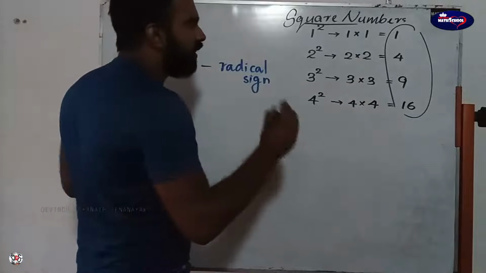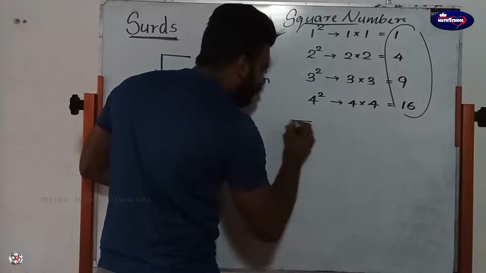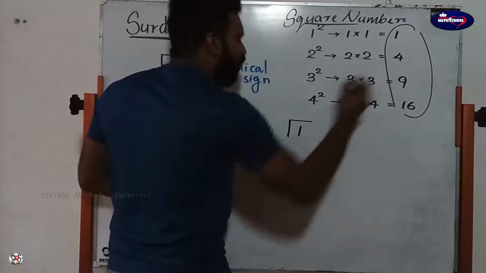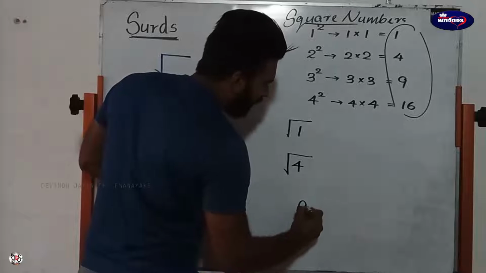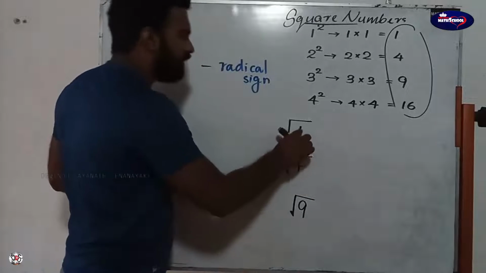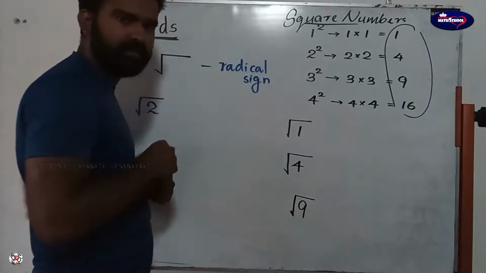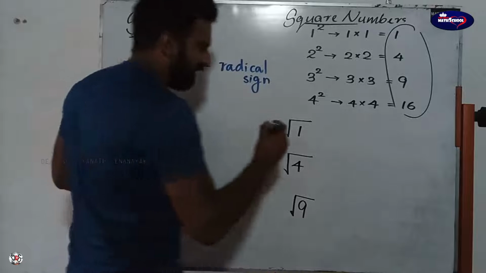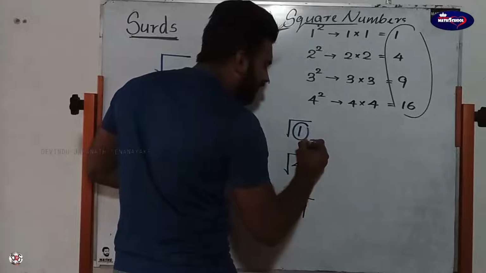Now, if we write down the number 1 and use the radical sign, or 4, or 9, we now know the square root of 1, the square root of 4, the square root of 9. This means how this 1 got created.